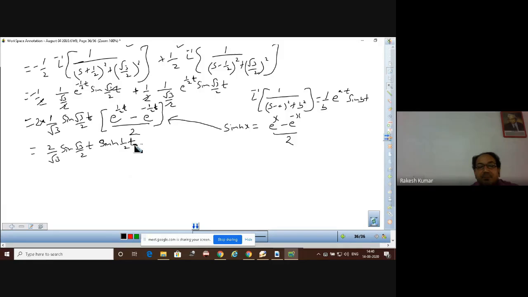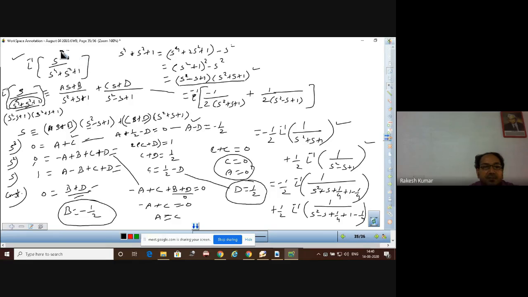So this is the simplified form of this expression. It means this is the required expression, and I think it is sufficient, and no further simplification is possible. So this is the required Laplace inverse transformation of this expression.